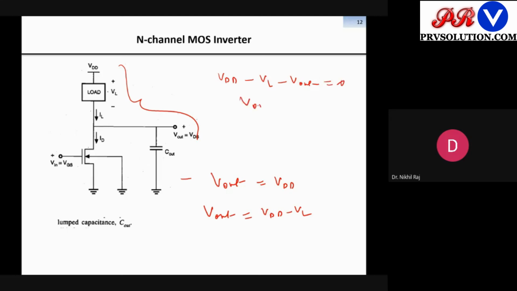So what is Vout here? Vout is VDD minus VL. This means if I am designing a perfect inverter and I want a full swing, my ideal requirement is that Vout should be VDD. So what should VL be? VL must be 0 in this case. This means here I want a minimum drop.